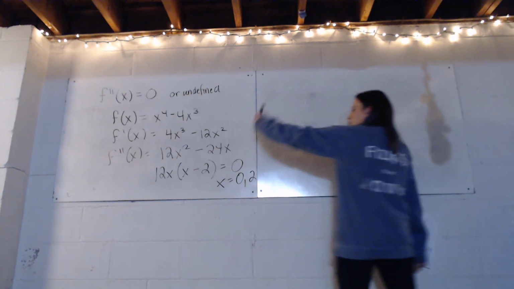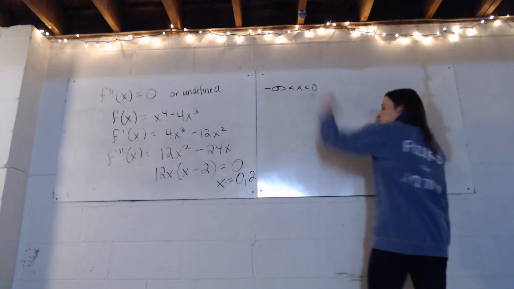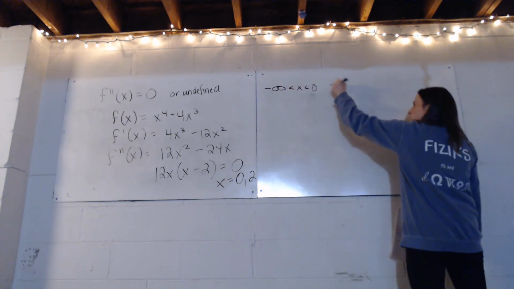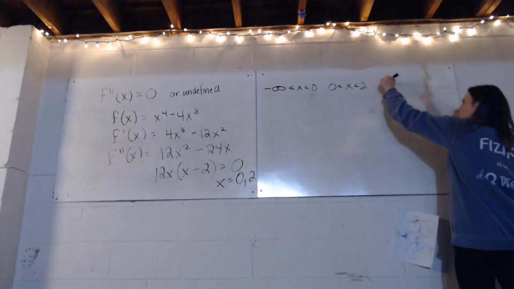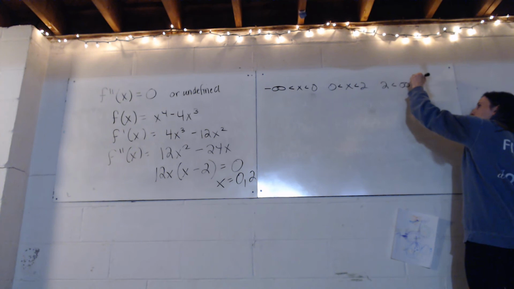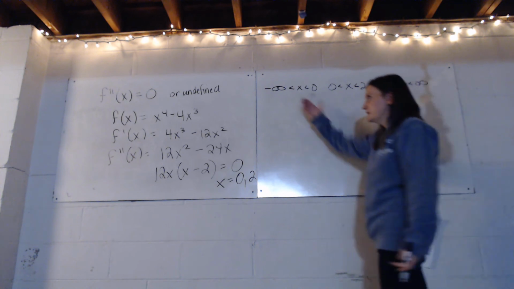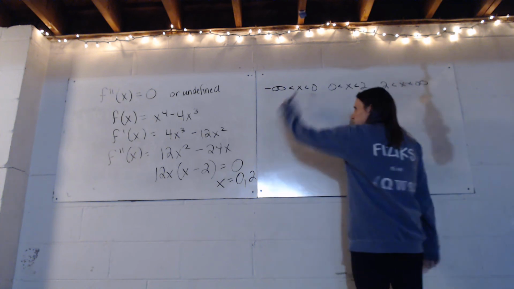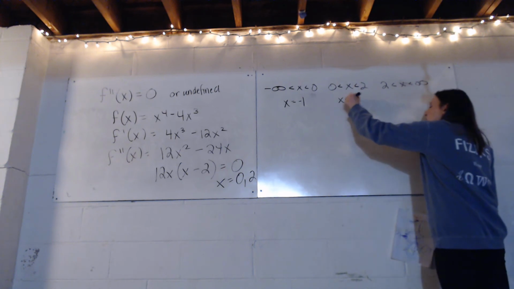So I can say, okay, one interval will be negative infinity up to 0. Another interval will be 0 up to 2. And then the last interval will be 2 up to infinity. Okay, and so I choose a point in each interval. So here I'm going to say x is equal to negative 1. Here I'll say x is equal to 1.